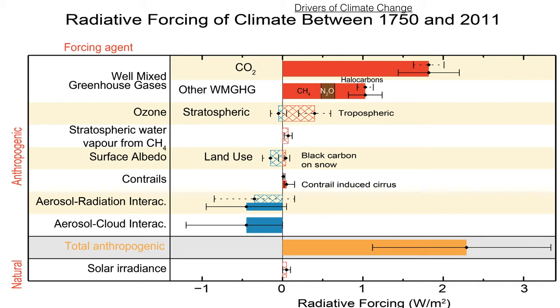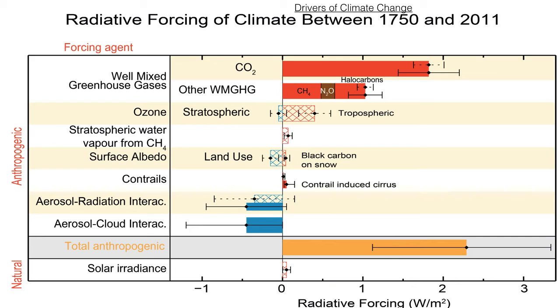Here is a bar chart of forcing. A forcing agent is that agent which forces the climate to change. So radiative forcing is shown hatched, the force because of radiations, and the effective radiative forcing is solid, for the period of 1750 to 2011, derived from the Intergovernmental Panel on Climate Change fifth assessment report.